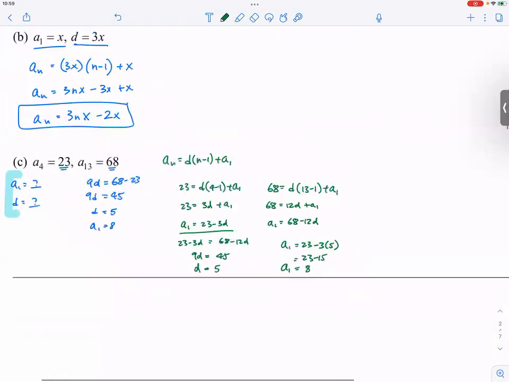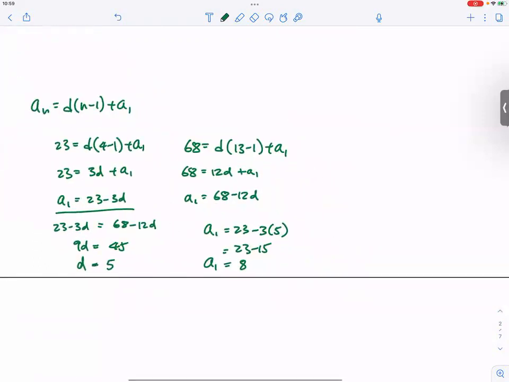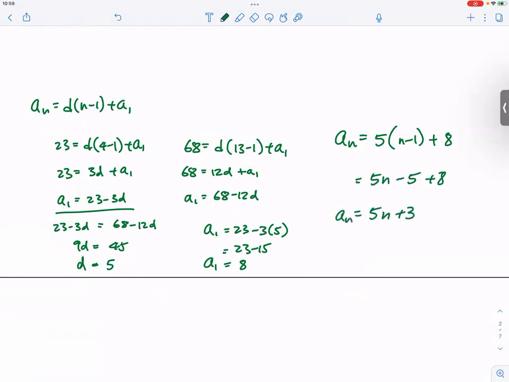So to write out the nth term notation, we have the D, which is 5, times n minus 1, plus 8. So 5n minus 5 plus 8, you have 5n plus 3 being the nth term expression.